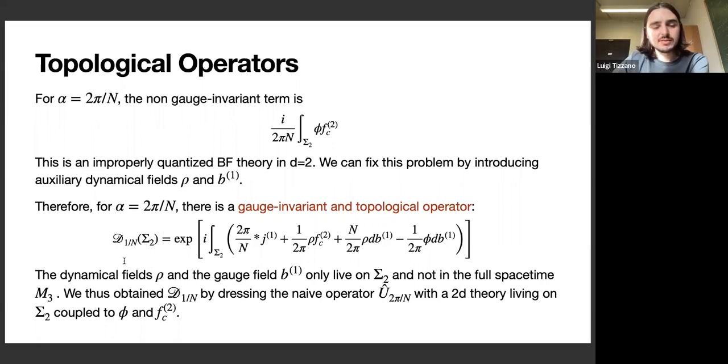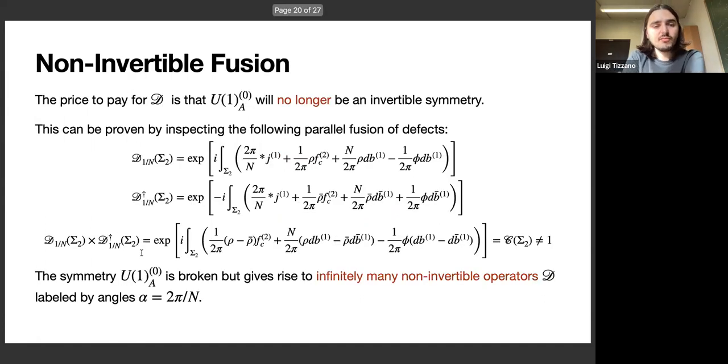This has a very unique and particular structure now, for the following reason. The price that we have to pay to introduce this operator D is that what we called a U1 symmetry before will no longer be an invertible symmetry. What do I mean by that?